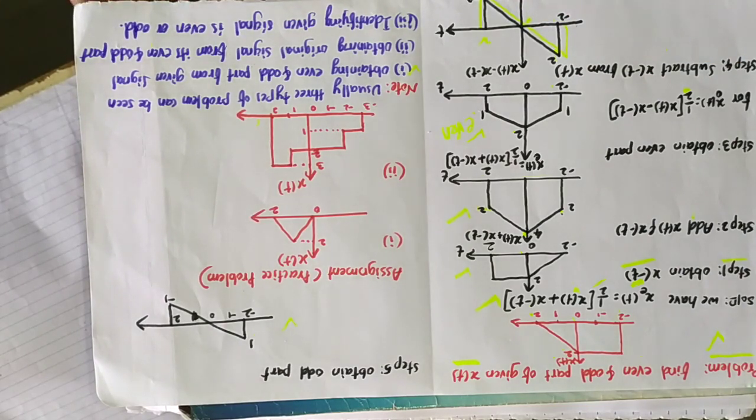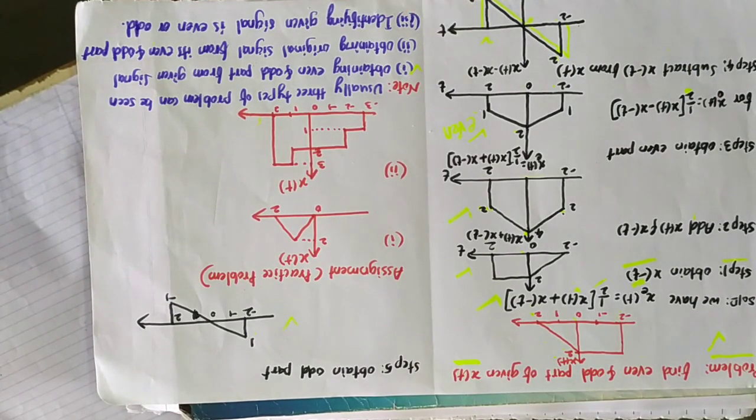Relatively, a third type of problem is identifying whether the given signal is even or odd. They will give you the signal and ask whether it is an even signal or an odd signal. How do you identify this? By looking at the signal.